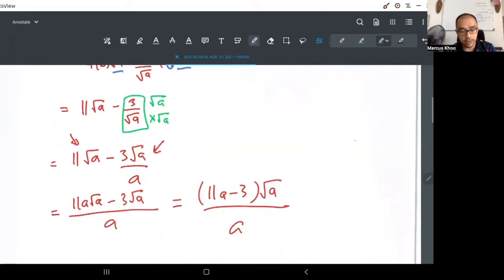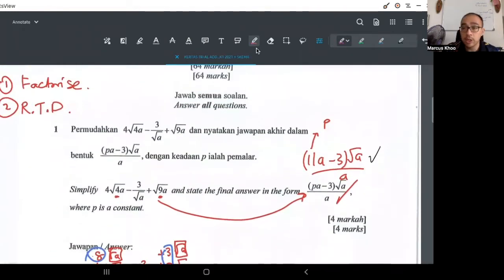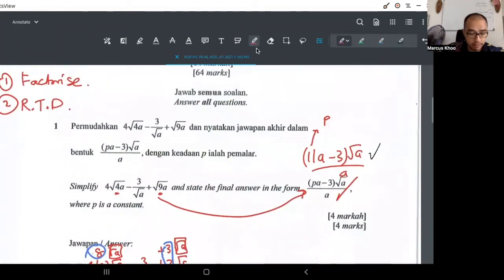Secondly, of course, the skill of rationalizing the denominator is very important here. And finally is the factorization again. So it's a 3-step process to get the final answer: factorize, rationalize, and then factorize again or simplify, to get it in this form. Nothing very special. Maybe a little bit challenging because we're not used to surd questions, but otherwise should be okay.